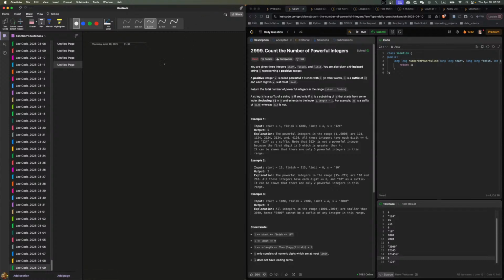So the start is 1, 2, 3, 4, 5, and finish is 1, 2, 3, 4, 5, 6, 7. Okay, and our suffix is 1, 2, 4. So again, we start with 1, 2, 3, 4, 5 digits.